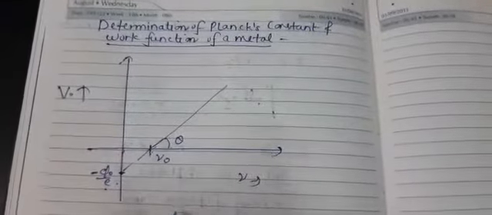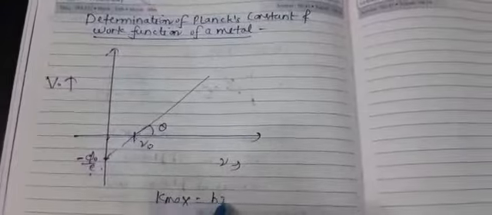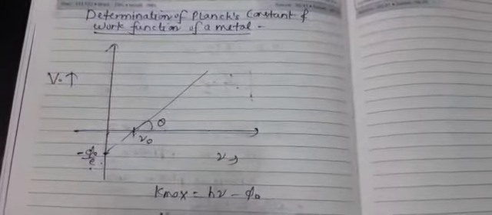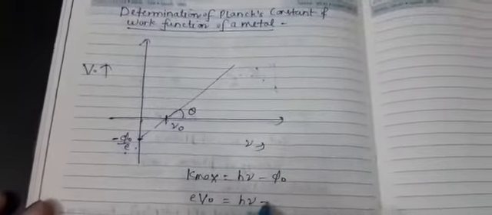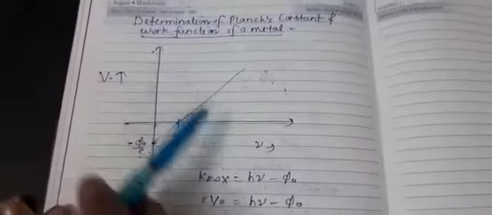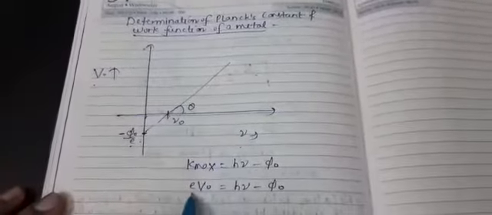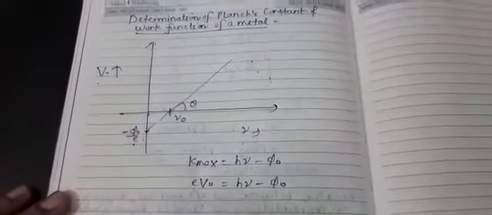So from Einstein photoelectric equation, kinetic energy is h nu minus phi naught, which can further be written as eV naught equals h nu minus phi naught. अब अगर देखिए हम यहाँ से इस ग्राफ के corresponding अगर हम इसका slope निकालना चाहें तो slope किस किस के बीच में है, potential and frequency. तो let us just take this e on the right side.